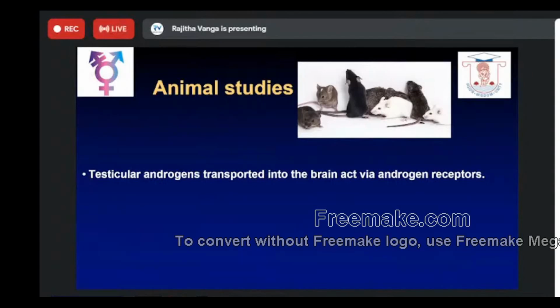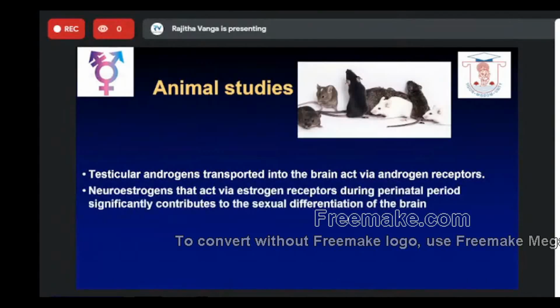The testicular androgens reach the brain via the androgen receptors and synthesize neuroandrogens, which further differentiate the brain into a male brain. Similarly, neuroestrogens, which act via the estrogen receptors during the prenatal period, significantly contribute to differentiation into a female brain.